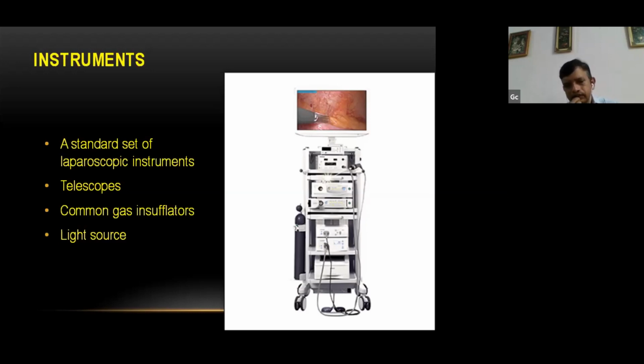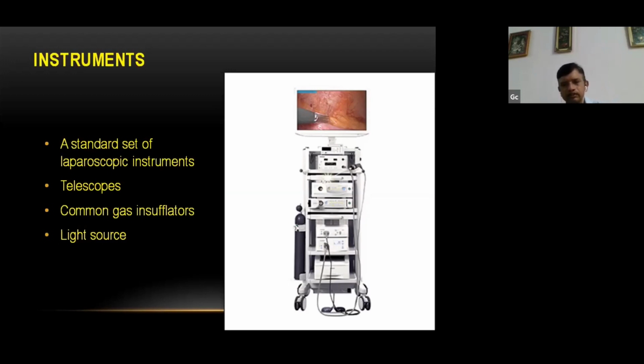If you use good company instruments like Karl Storz, Olympus, and even Escolab, these instruments are very good. You don't need to buy so many instruments; start with 2-3 instruments, just one dissector and one grasper.